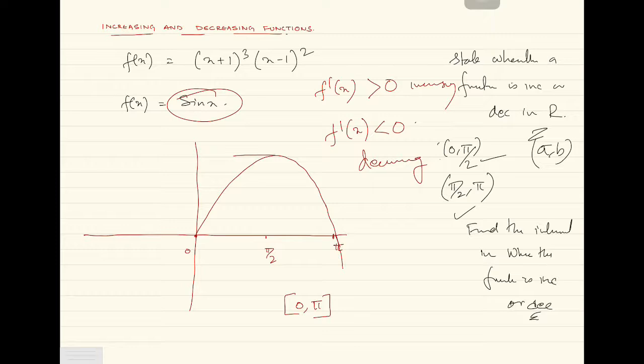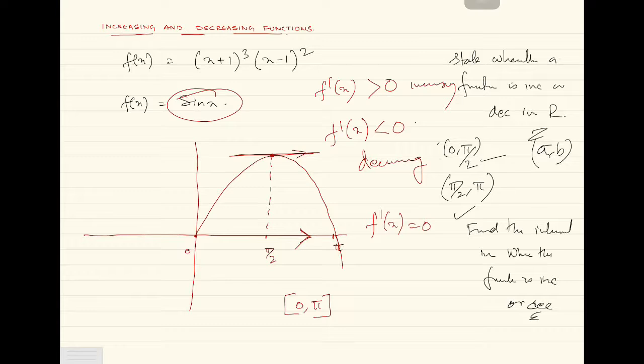If a tangent is parallel to the x-axis, which is happening at pi by 2, then f dash x will be equal to 0, isn't it, everyone? Because the tangent being parallel to the x-axis means dy dx equals 0.